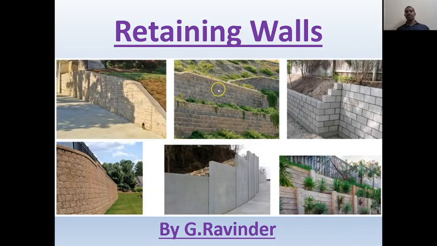To release that pressure, small holes are provided in the retaining walls, which you can see over here. Those are called weep holes. They are provided to drain excess rainwater from the soil mass backfill and to reduce the pressure.